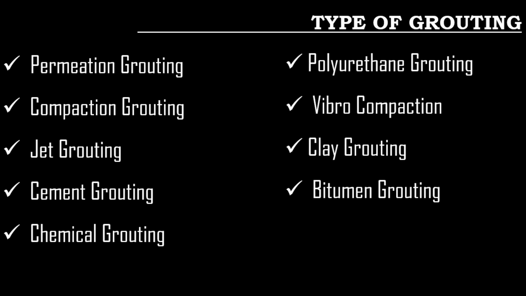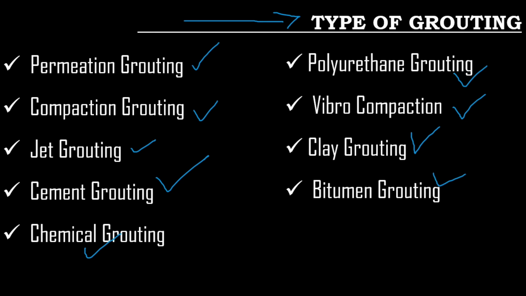Now the next question is, sir, what are the different types available for grouting? We have permeable grouting, compaction, jet, cement, chemical, polyurethane, vibrocompaction, clay grouting and bitumen grouting. If I talk about the previous slide, the methods of grouting, with the help of those methods I complete any of the types of grouting.